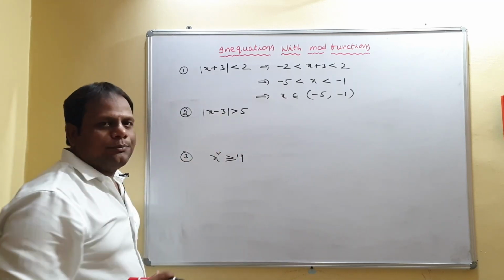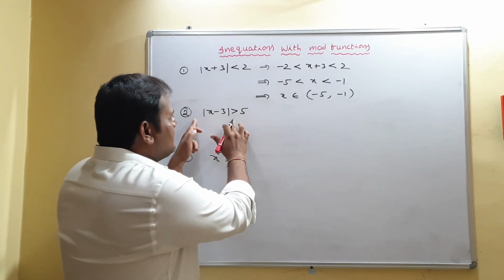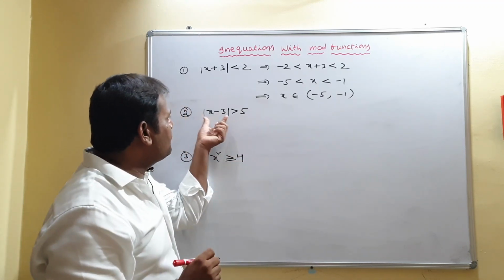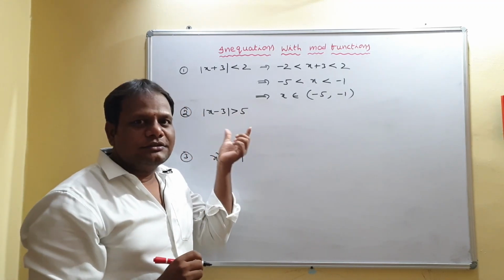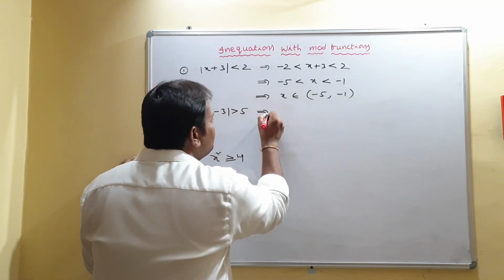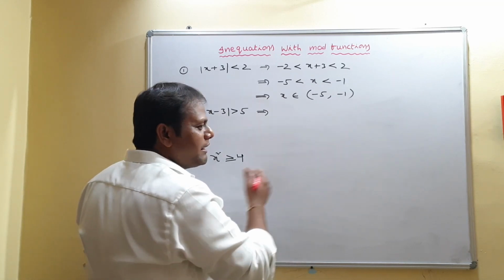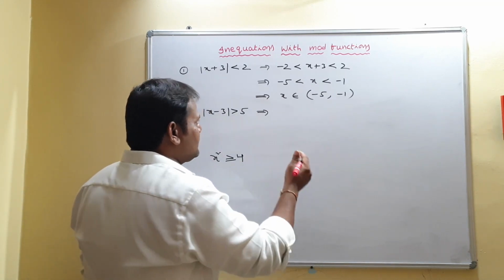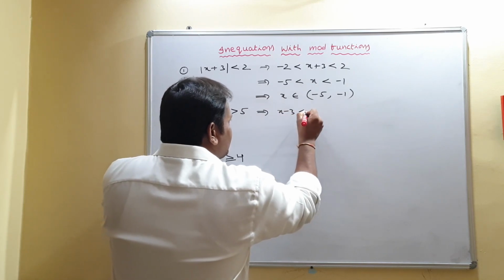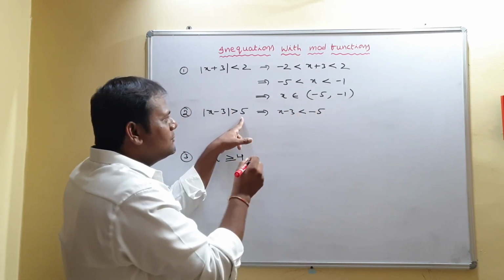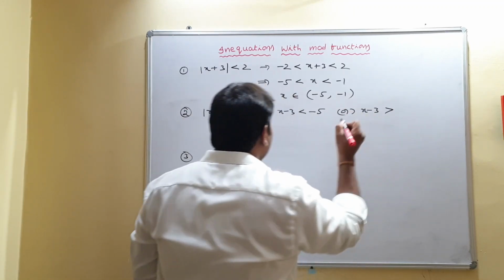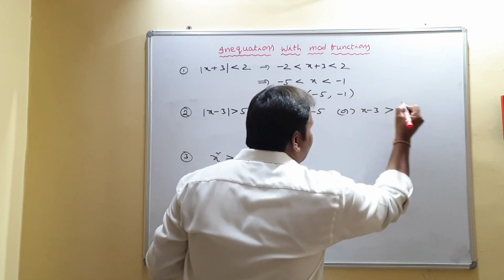Coming to second example, mod x minus 3 greater than 5. So it is like mod x greater than a. If mod x greater than a, what is the condition? X less than minus a or x greater than a. So here you can take x minus 3 less than minus 5 or x minus 3 greater than 5.